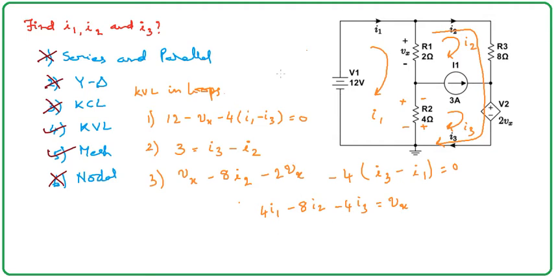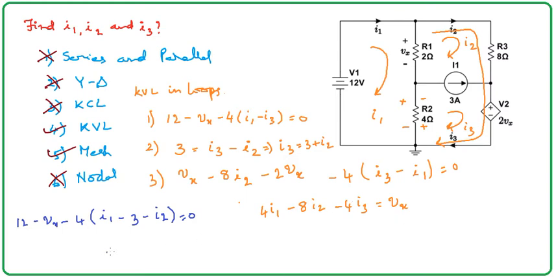Now let me see. By the second equation I can say that I3 is equal to 3 plus I2. So I can substitute this I3 in the first equation: 12 minus Vx minus 4 times (I1 minus 3 minus I2) equal to 0.